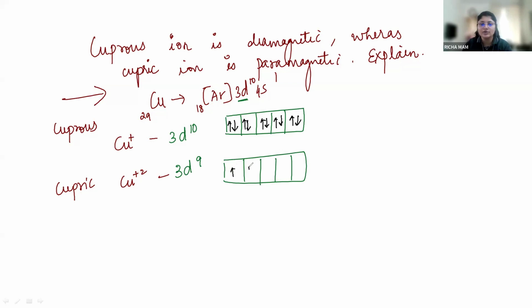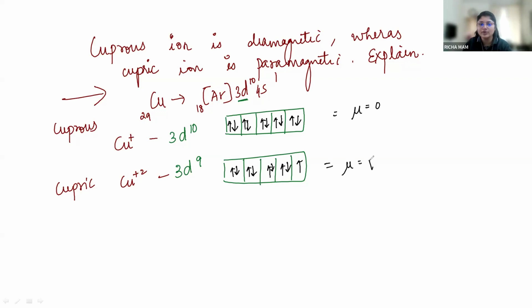Now here 1, 2, 3, 4, 5, 6, 7, 8, 9. How many unpaired? 1 unpaired electron. So for cuprous, mu will be equal to 0.